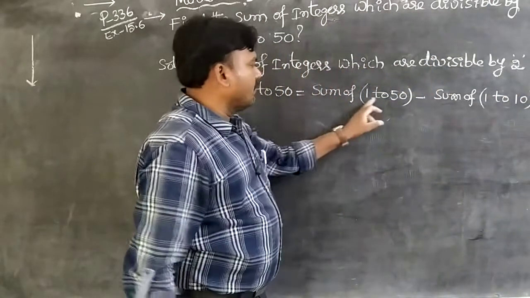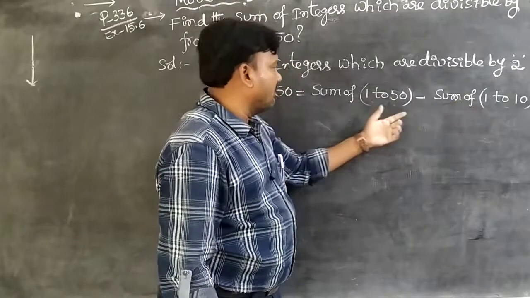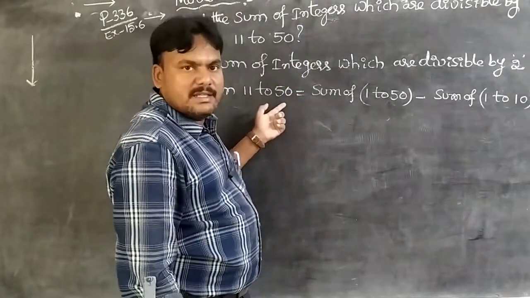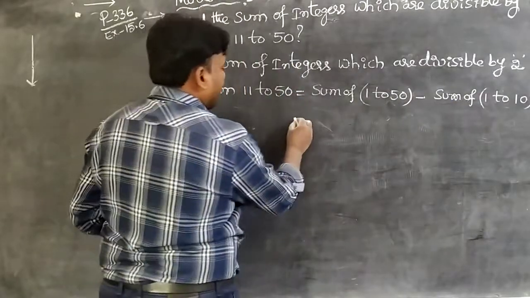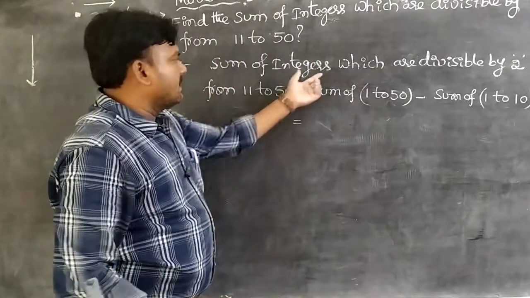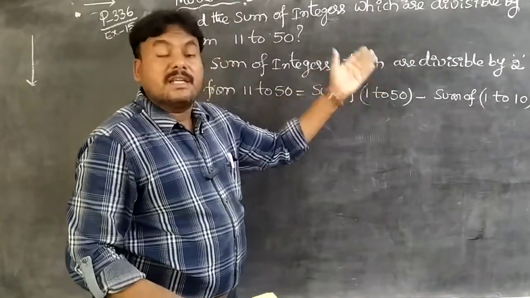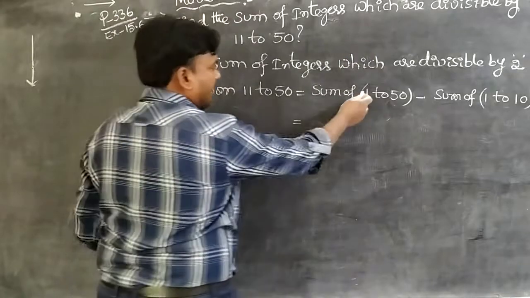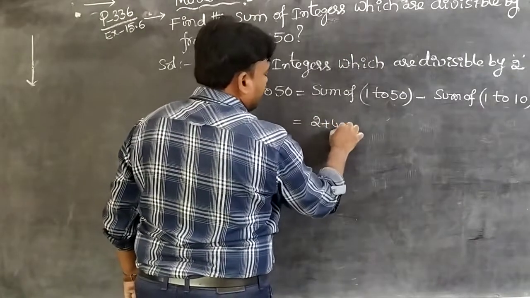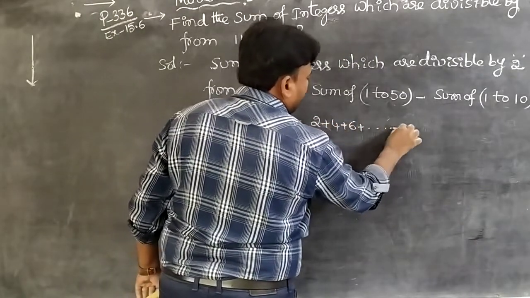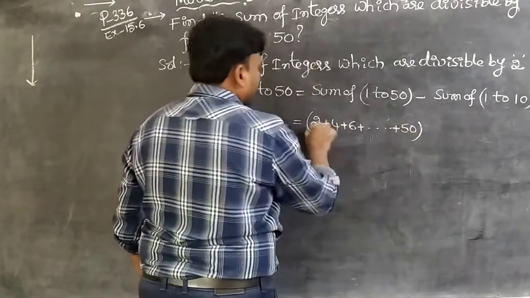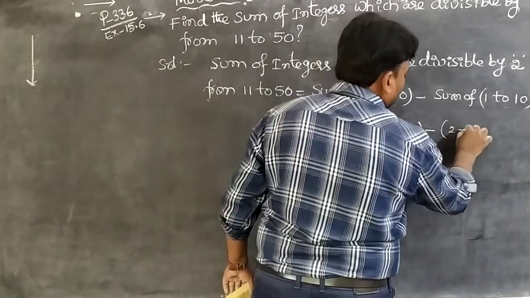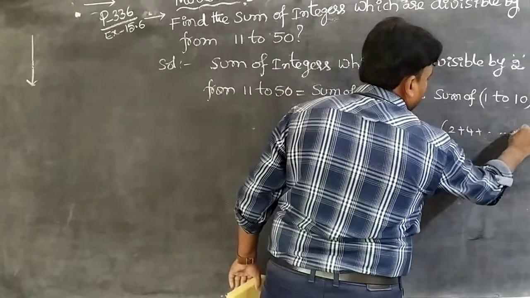So from 1 to 50, subtract 1 to 10, automatically you get 11 to 50. Is it clear or not? So then, observe here, integers which are divisible by 2 means 2 plus 4 plus 6 and so on plus 50, minus 2 plus 4 plus and so on plus 10.